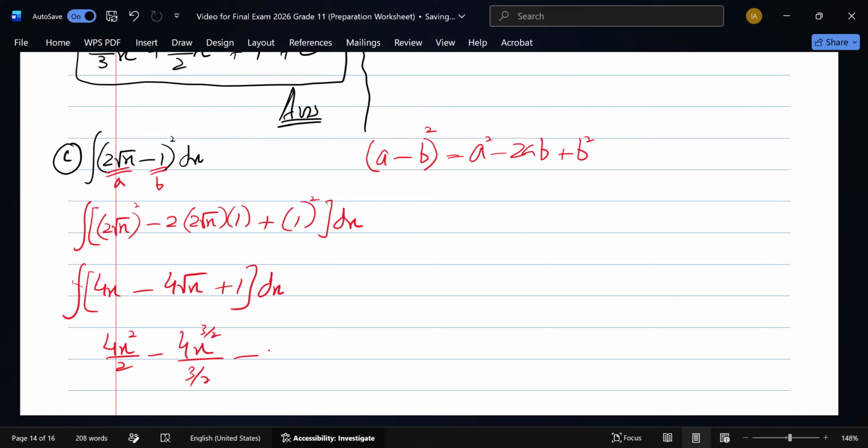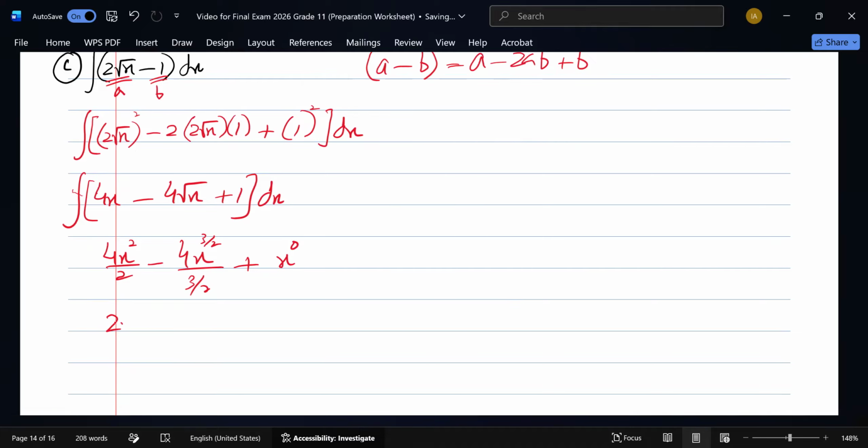Yes, 1 cannot be integrated as it is, but as you know, we can write x power 0, which is equal to 1. Now I can integrate. When I integrate x power 0, it's going to be 0 plus 1, and don't forget to add the constant c.